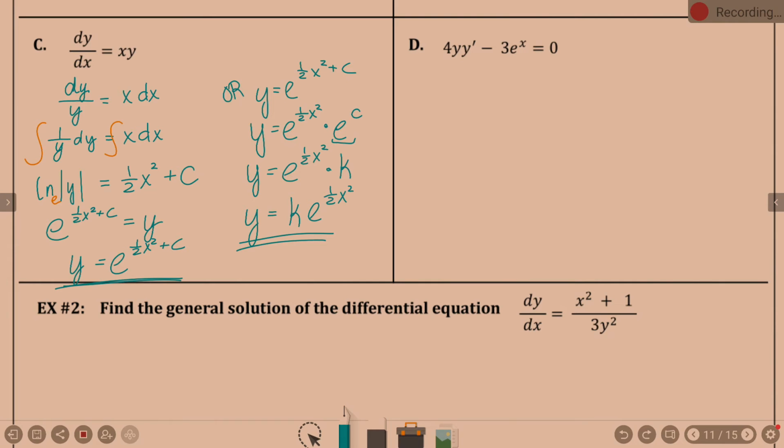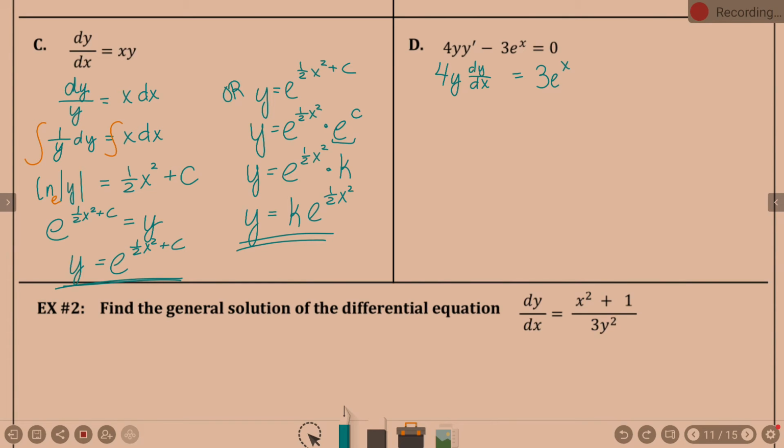Here's the deal. We're going to have to turn it into dy dx, right? Because otherwise we have to separate it. So I'm going to say this is 4y dy dx. I'm going to add the 3e to the x to the other side.